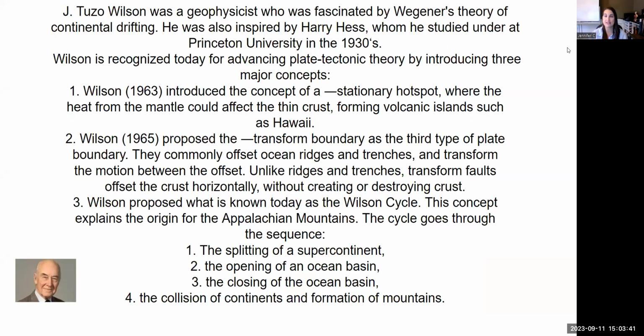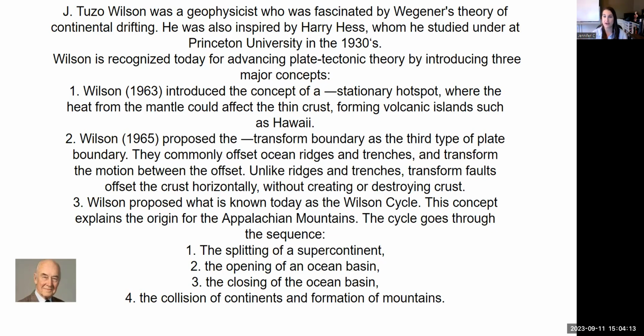So Wilson is a geophysicist, and he really inspired advancement in plate tectonic theory. And he had some major concepts that he had published. And one was that we can have a hot spot where the heat from the mantle is coming up and it could form volcanic islands like Hawaii. He talked about how we have ridges and trenches, and without them, we're not really creating or destroying the crust.